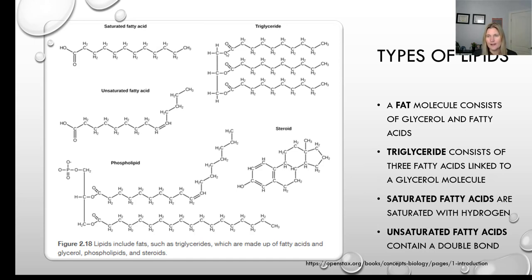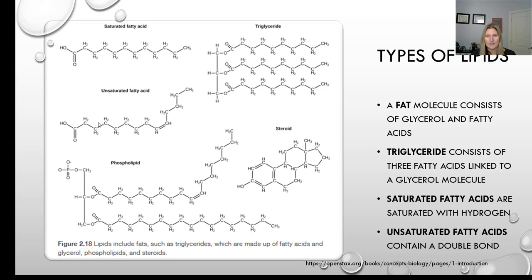The fatty acids have this structure with the carboxyl group and the carbons and hydrogens in a chain. You can see how that carboxyl group combines with glycerol to form a triglyceride. So three fatty acids on a glycerol.